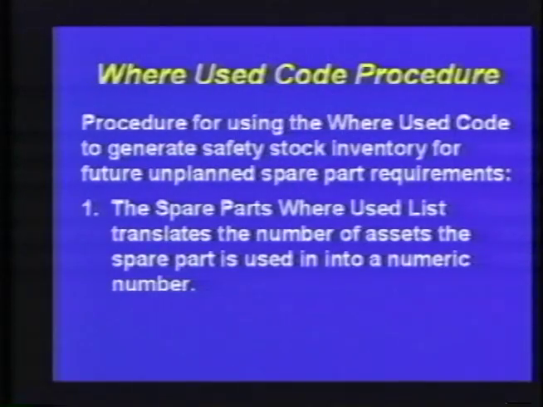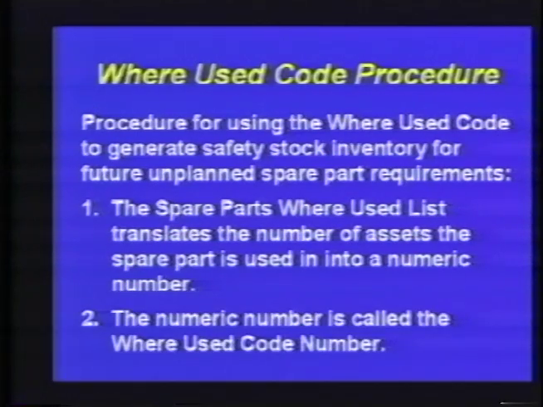The first step is to get the spare parts where used list and translate that number into its numeric number. And we did that for all of the spare parts previously, spare part numbers 1 through 9.